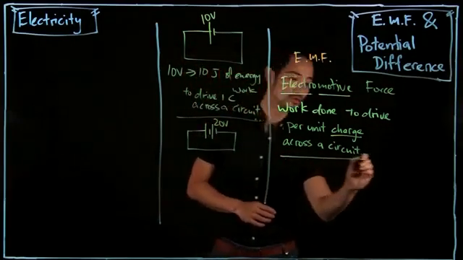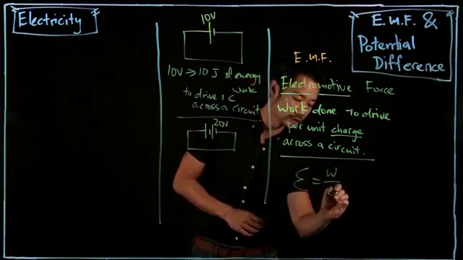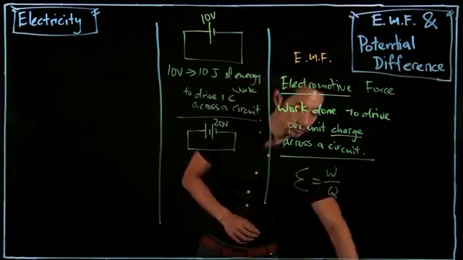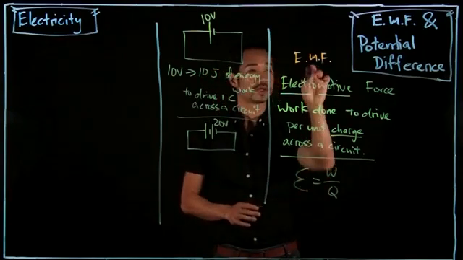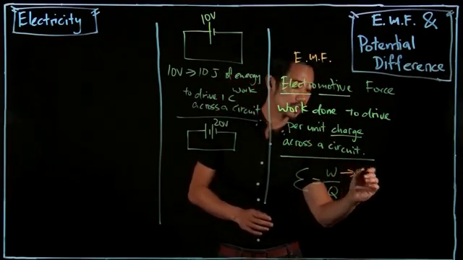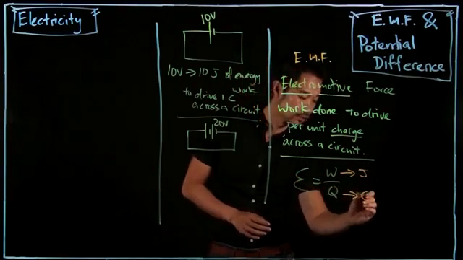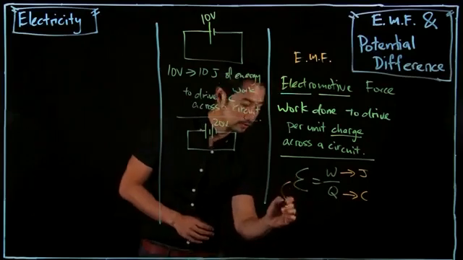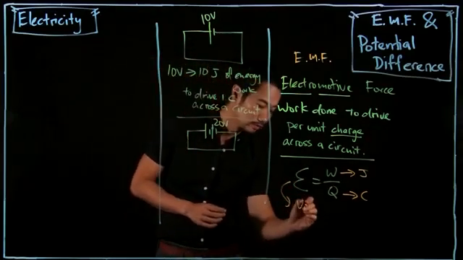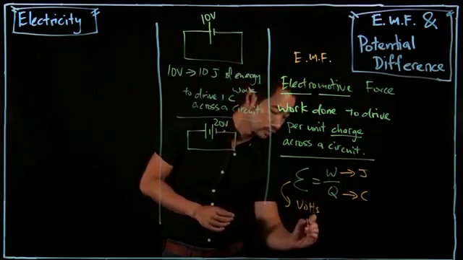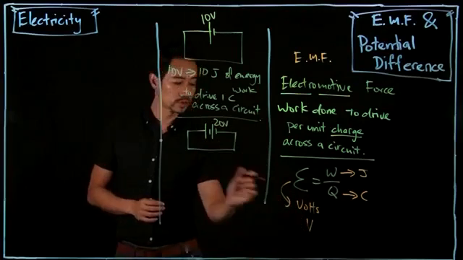We can also use a formula. E is equal to W over Q. E here stands for your EMF, electromotive force. W is your work done, which is calculated in joules. Charge is in coulombs. Your EMF is calculated in volts, or in short, V. So 20 volts over here.